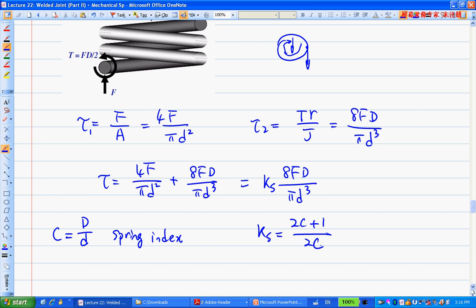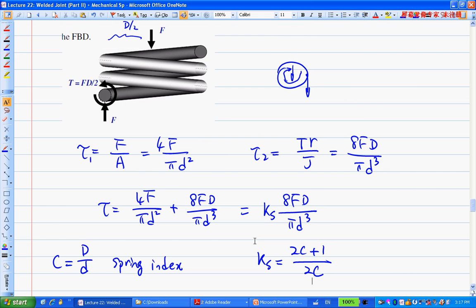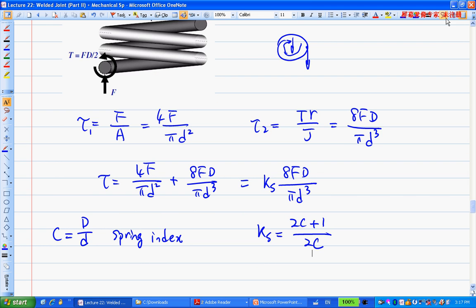Okay. Then the next thing is we noticed that some researchers noticed the way to derive this one here is based on assumption, basically. When you use this formula here, that formula applies to a straight wire or straight bar, okay. But when it comes to a curved bar, and this is the case, right?